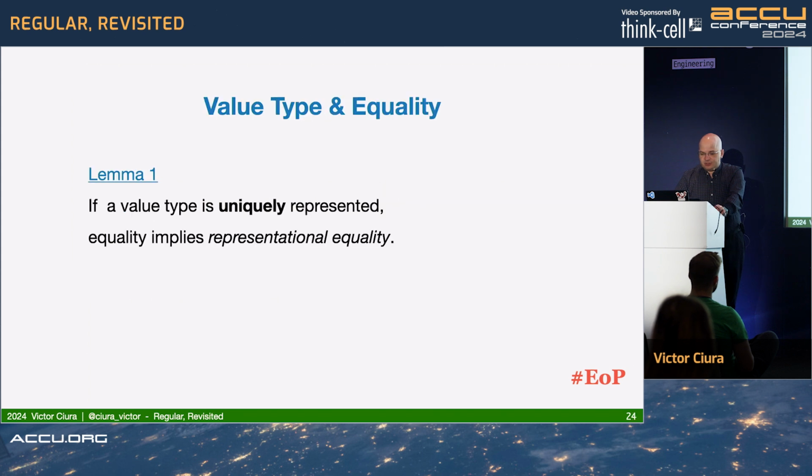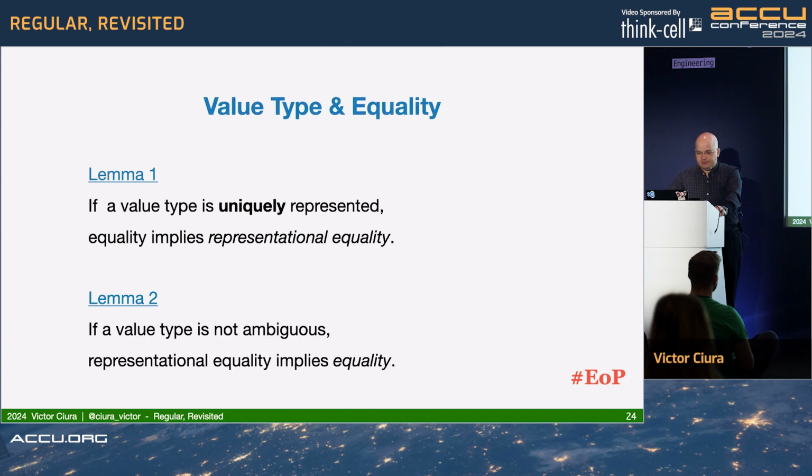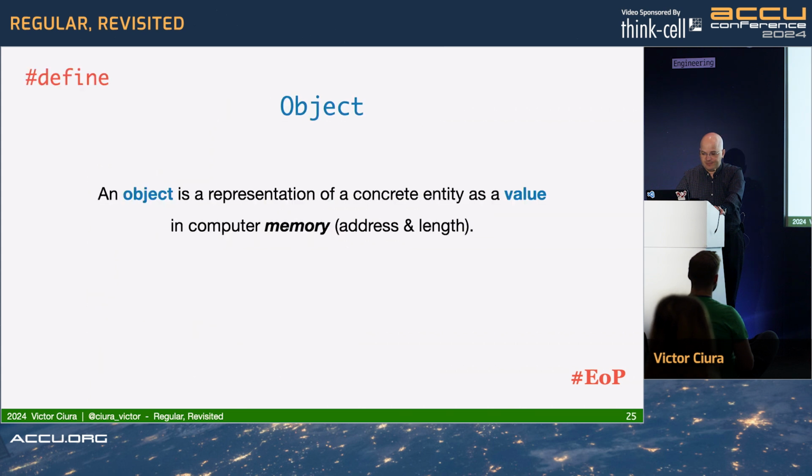And this is where we first start coming into equality and representational equality. If a value is uniquely represented in computer memory, equality implies representational equality, right? It's sort of self-evident. Conversely, if a value is not ambiguous, representational equality implies equality, if we have the same interpretation for that value.